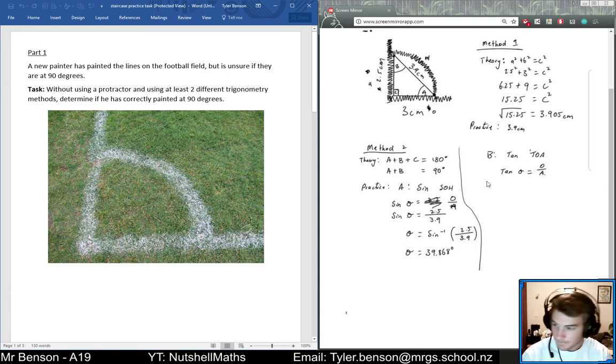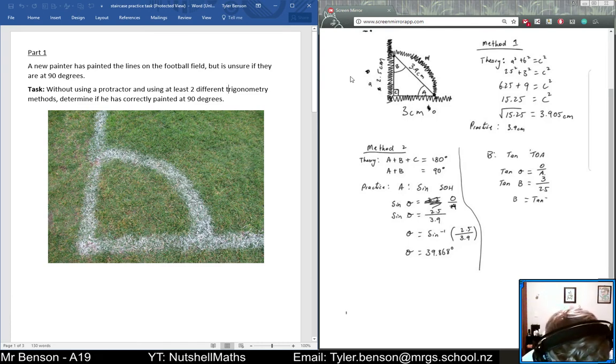Okay. Right, let's have a look. Let's hum through this as fast as we can. Now, tan, we're trying to prove angle B. So let's sub in: tan B is O over A. Our O here is our 3 centimeters that we had to include, and our A is the one adjacent, 2.5. Now we move the tan to the other side.